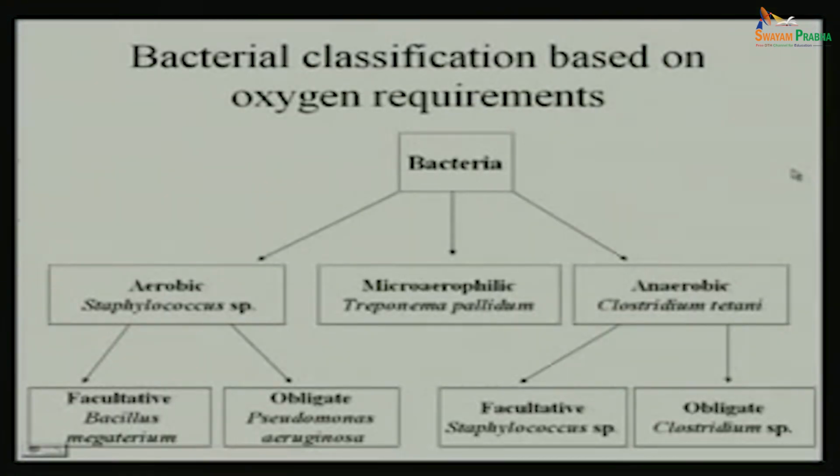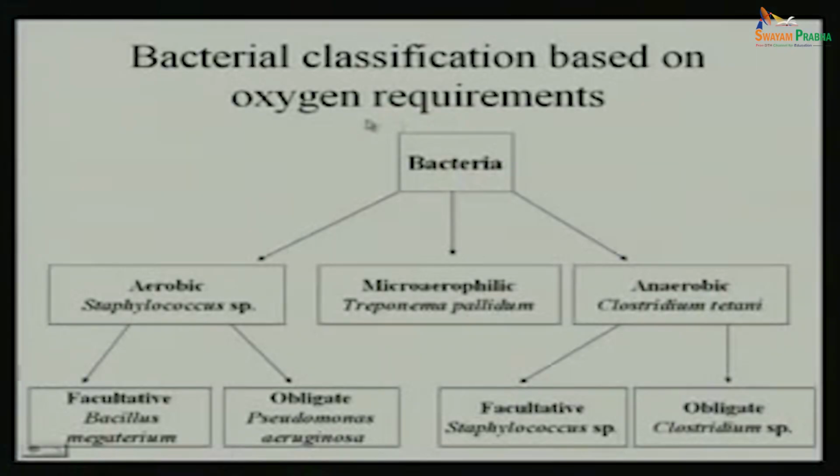It can also be spiral or comma shaped bacteria. What we have learned is that bacteria can be classified based on the oxygen requirement, and these bacteria may be aerobes, anaerobes and microaerophilic. It may be facultative aerobes or obligate aerobes, where for their growth oxygen is a must.